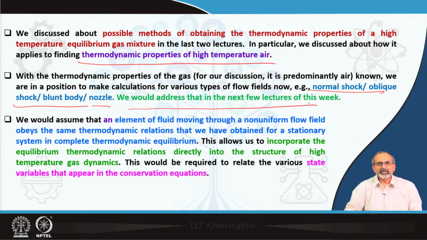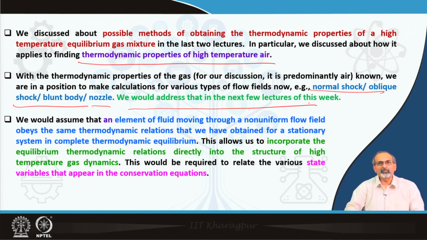We would assume that an element of fluid moving through a non-uniform flow field obeys the same thermodynamic relations that we have obtained for a stationary system in complete thermodynamic equilibrium. If that assumption is made and allowed, that allows us to incorporate equilibrium thermodynamic relations directly into the structure of high temperature gas dynamics, and that is the most important relevant point that we are trying to make over here.